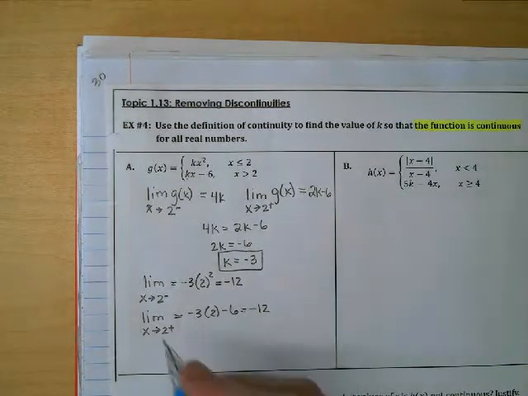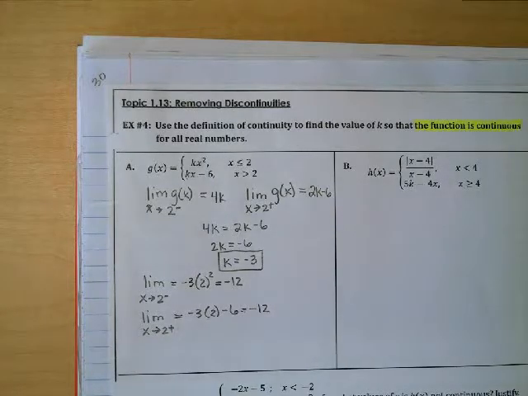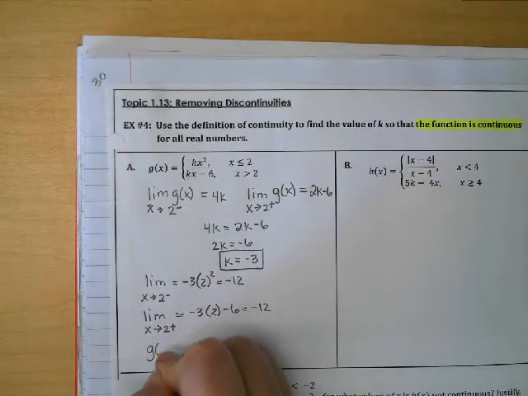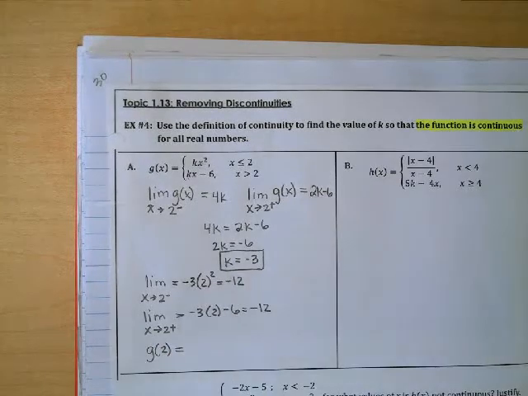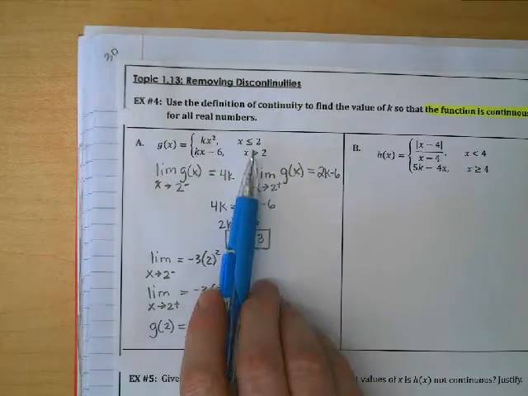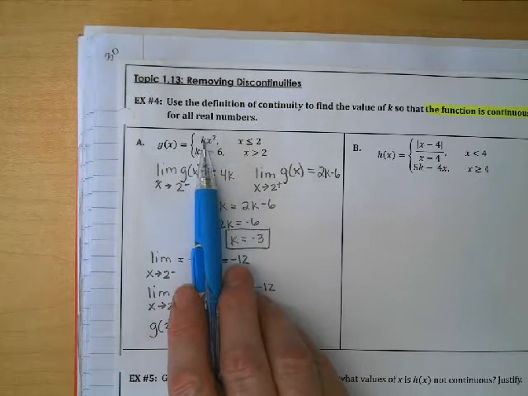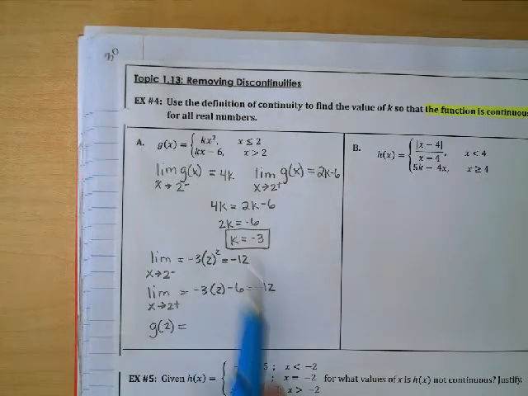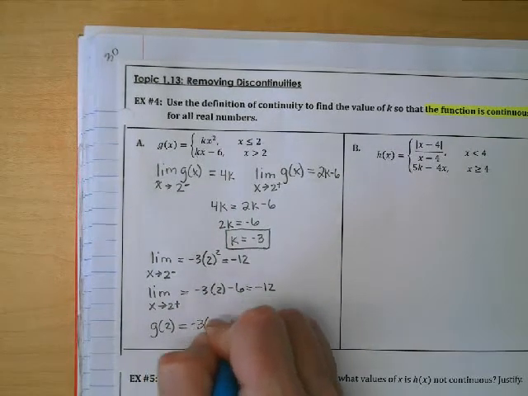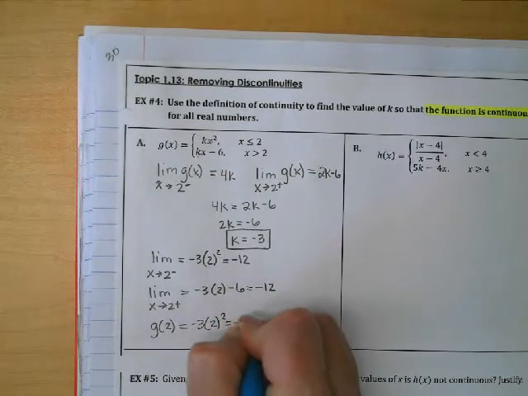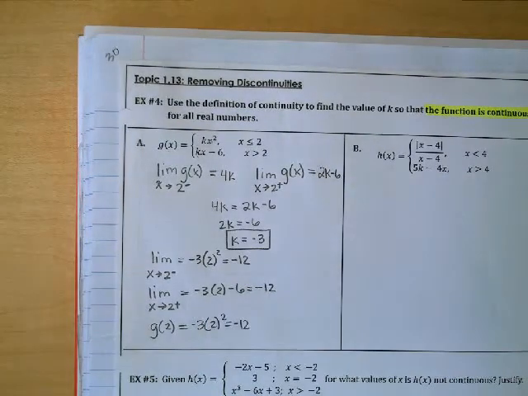Then let's also find g of 2. So for g of 2, I have to use the top function. So k, which is negative 3, times 2 squared is negative 12.